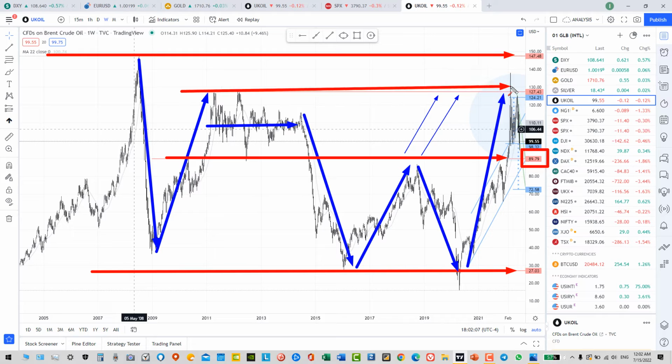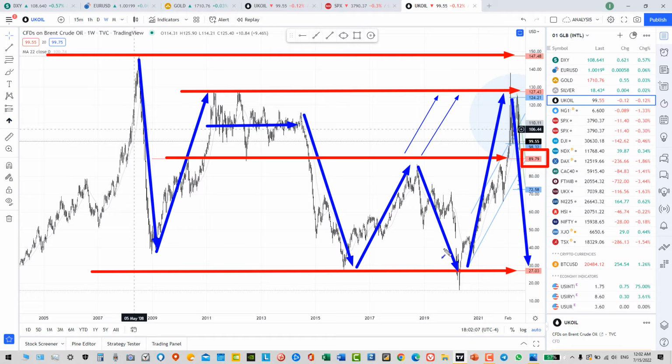Now the last test of 27 resulted in a new uptrend that managed to reach the resistance around 127. So it is expected and logical to think that the oil will be in a new major downtrend to complete the cycle, to complete its habit of performing different trends, reflecting from resistances or bouncing from supports, as it always did in the last 14 years.